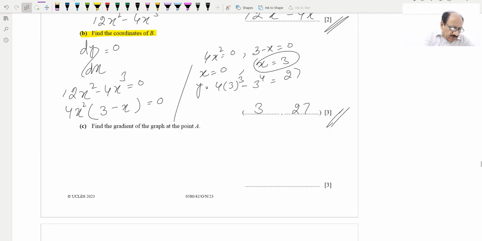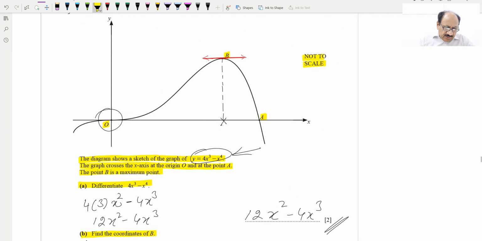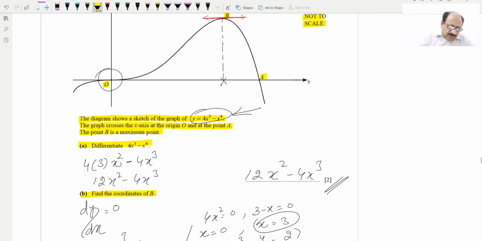Now part C says find the gradient of the graph at point A. So where is point A? A point is this one. We need the gradient, and if we roughly draw it, it will be like this, and this is a negative gradient. How will we find the gradient?